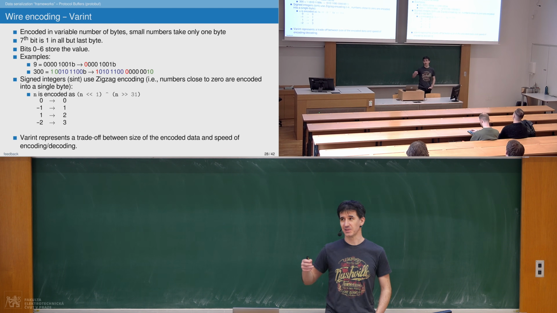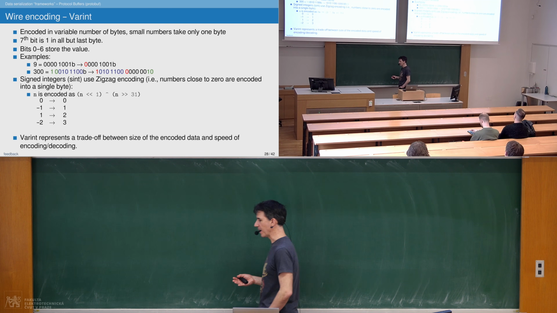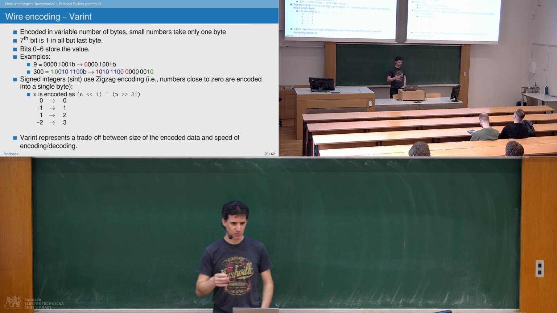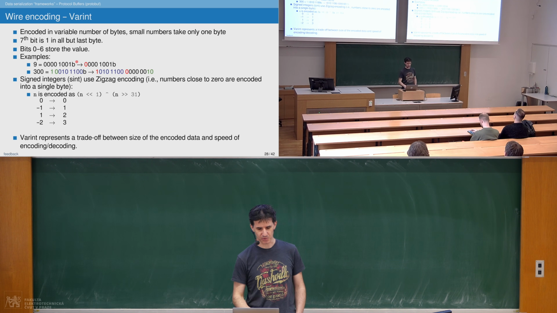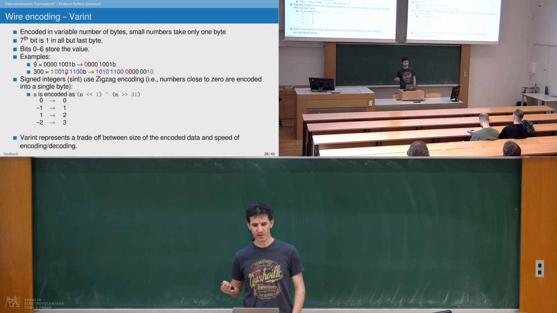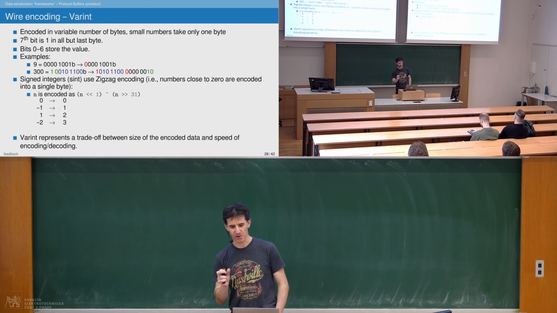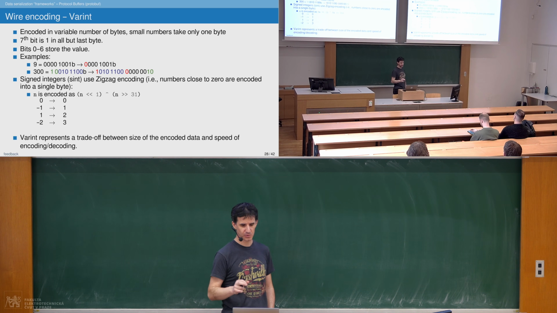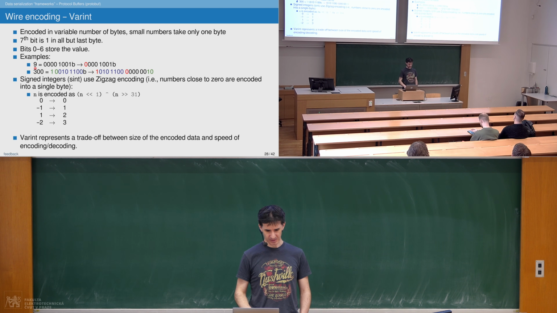You cannot send 9 bits in a single byte, and so we have to split it into 2 bytes, because in this var-int encoding 1 byte can carry only 7 bits of values. So we take the lower 7 bits, which are in blue.